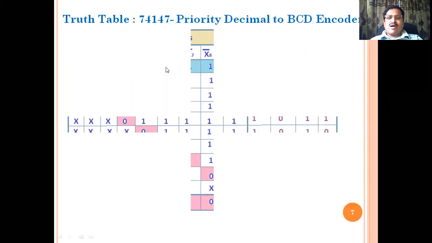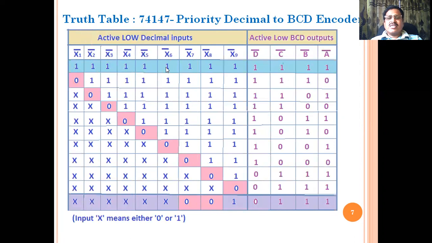If you observe the truth table of this IC, at a glance, you have to verify this truth table in the laboratory. The inputs are 9 bar, X1 bar, X2 bar, X3 bar. I place the bar because they activate when they are at logic 0.